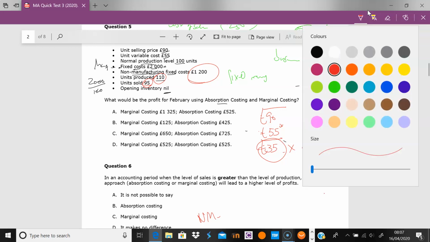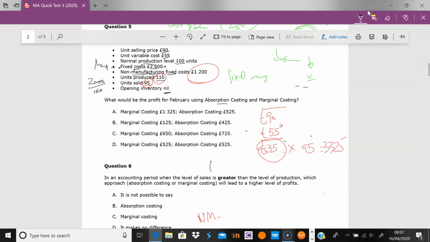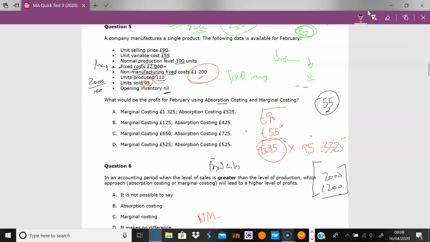The whole idea here again is that all my fixed costs are just considered fixed. So I have fixed costs here of 2000 and I have fixed costs here of 1,200. I'm just trying to understand how quickly I can cover my fixed costs. When I go into the next period, my opening inventory is at £55 per unit. This is critical for understanding question 6 when we come to do it.